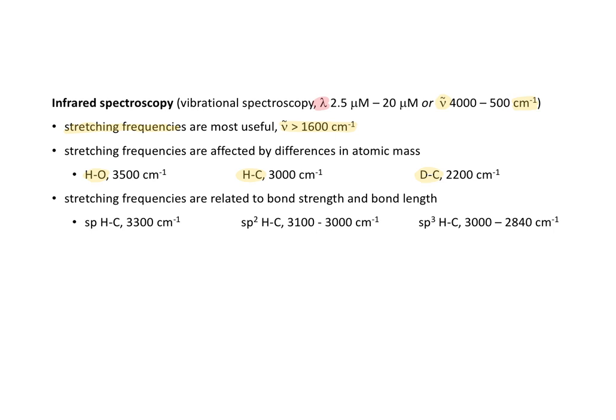Stretching frequencies are also related to bond strength, which is inversely related to bond length. This is quite apparent for hydrocarbons in that the sp hydrogen-carbon bonds are stronger than sp2 or sp3 hydrogen-carbon bonds, with the corresponding decline in frequencies from sp to sp2 to sp3 hybridization.